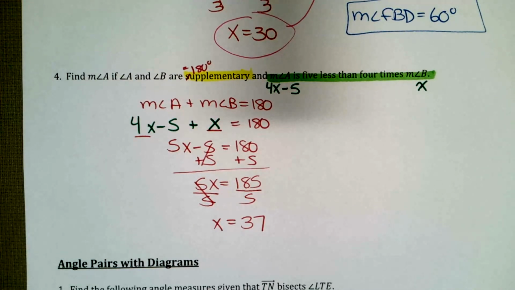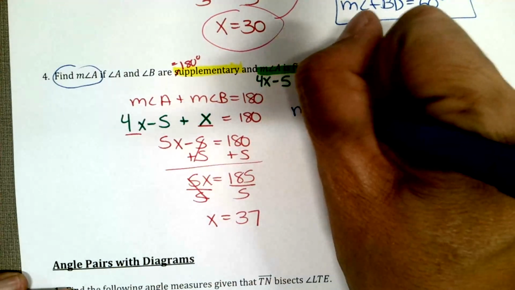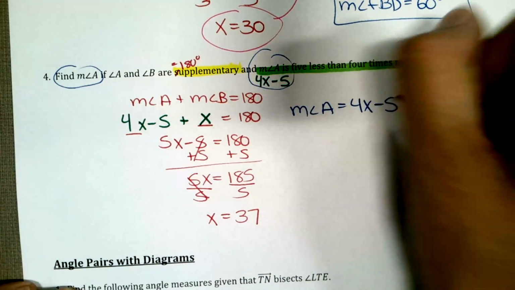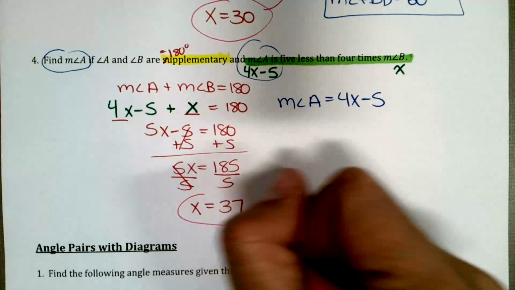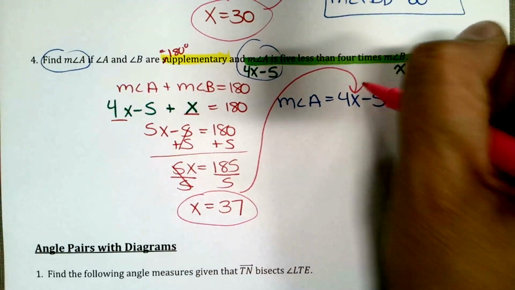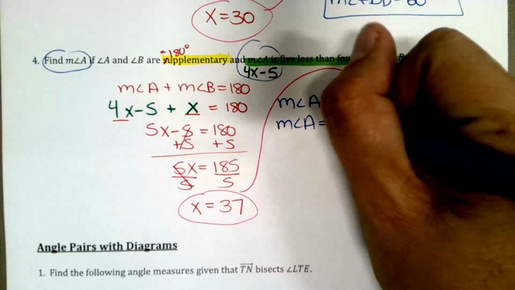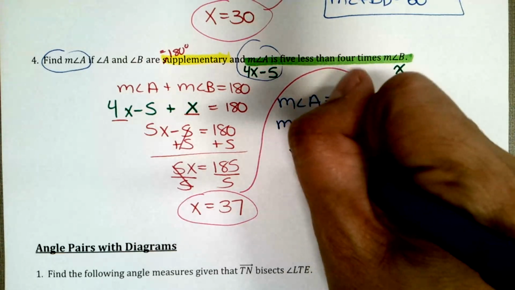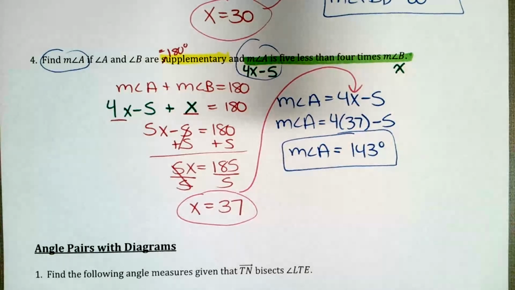And then it's important that we always make sure we're answering the question, find the measure of angle A. So the measure of angle A, we said, was 4x minus 5. So we'll take our x value and substitute that in. So we'll have 4 times 37 minus 5 and get that the measure of angle A equals 143 degrees.